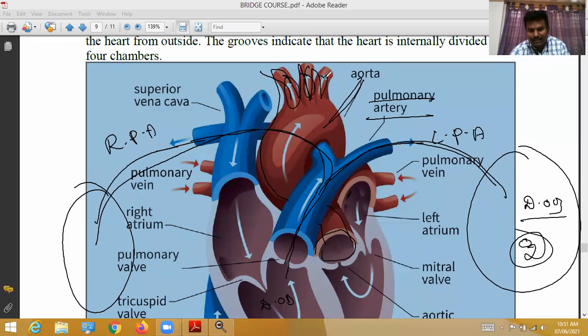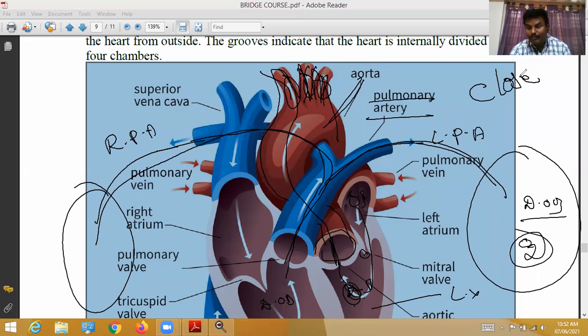Oxygenated blood from the left ventricle enters the systemic aorta. Through the systemic aorta, the blood is pumped to various body parts. This type of circulatory system is called the closed type of circulatory system.